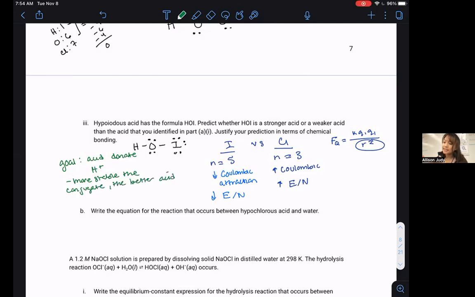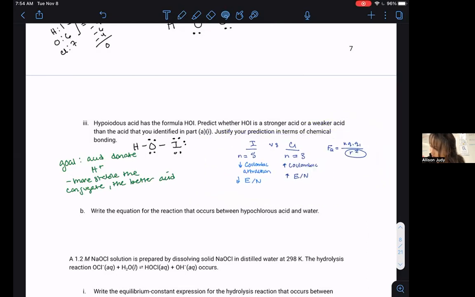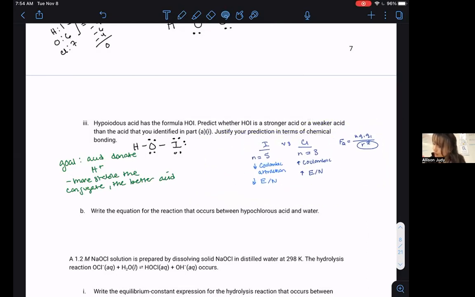Because obviously an acid isn't going to give up its H plus if it's super destabilizing to it. So what we're looking at here is, well, which one of these halogens is going to produce a more stable conjugate base?